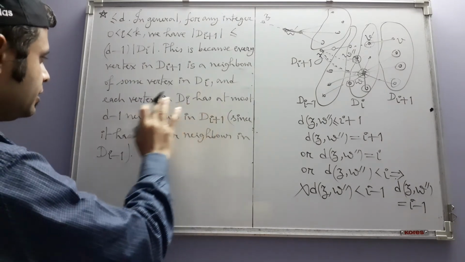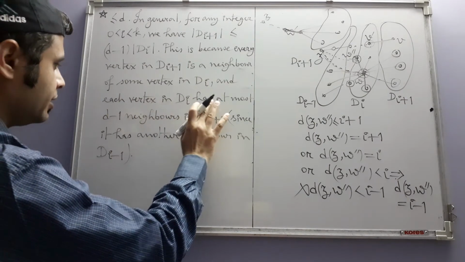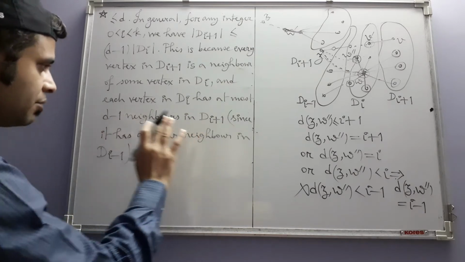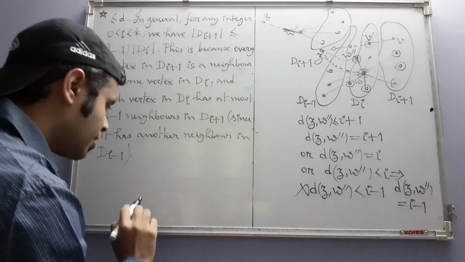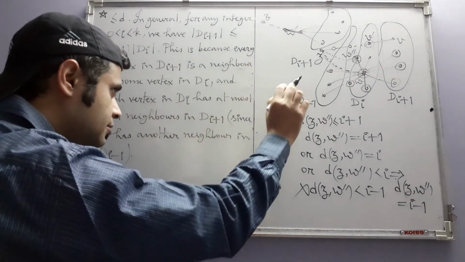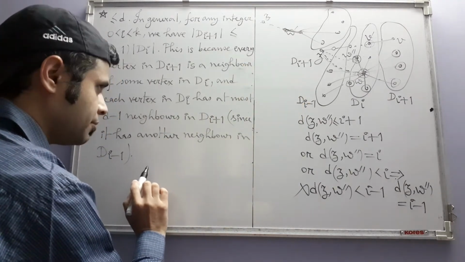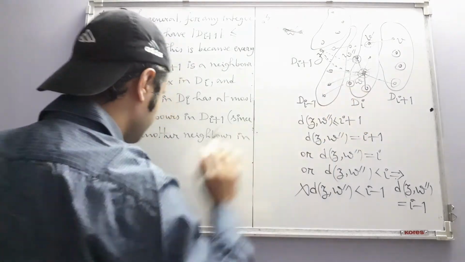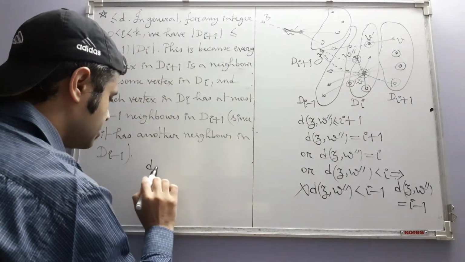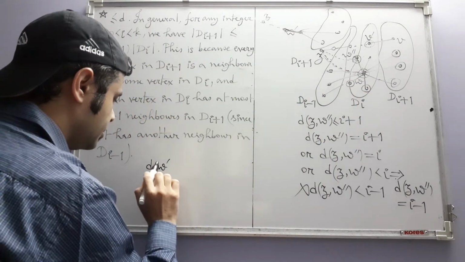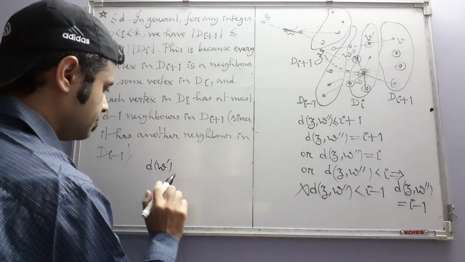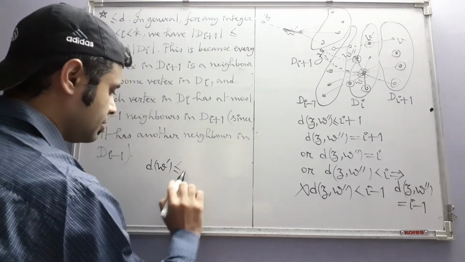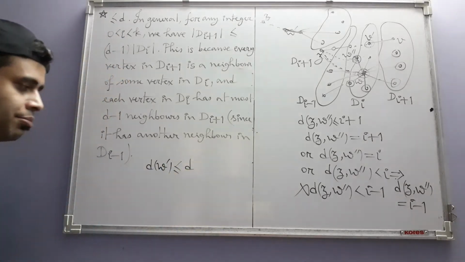What we are saying here is that each vertex in di has at most this many neighbors in di plus 1. The number of neighbors of W prime is clearly its degree. Now that degree is clearly less than or equal to the maximum degree.